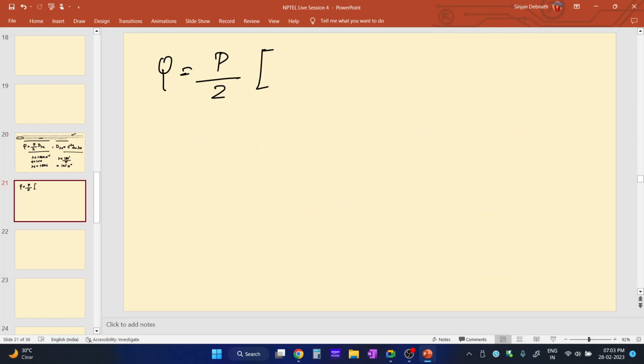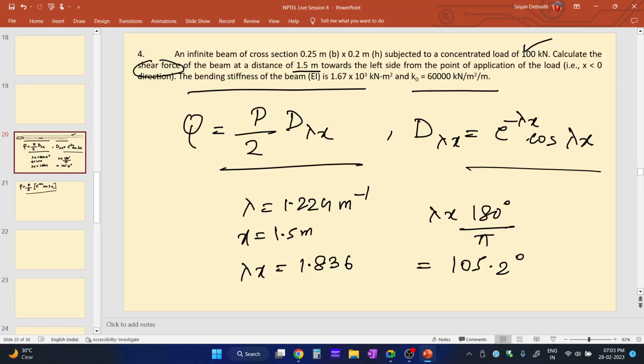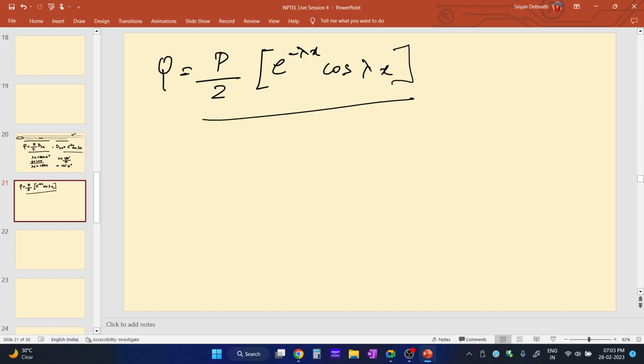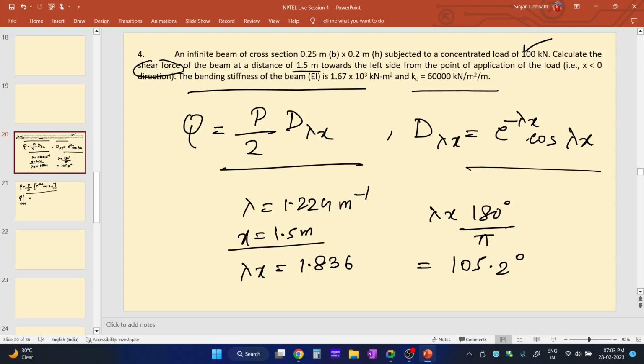So Q is equal to P by 2 e to the power minus lambda x cos of lambda x. Okay, so this is the equation. We need to find the shear force at x equal to 1.5. So Q at x equal to 1.5 is equal to P by 2... What is P? P is 100 kilonewton.